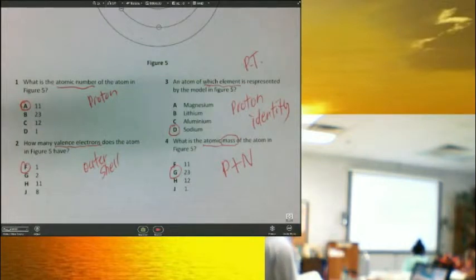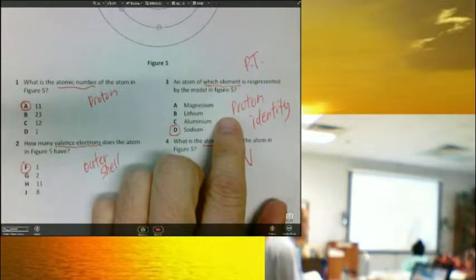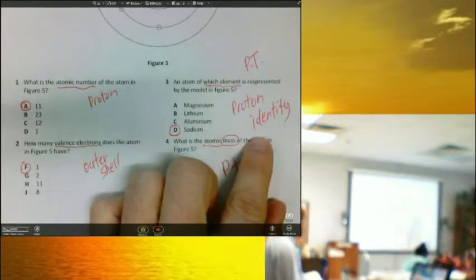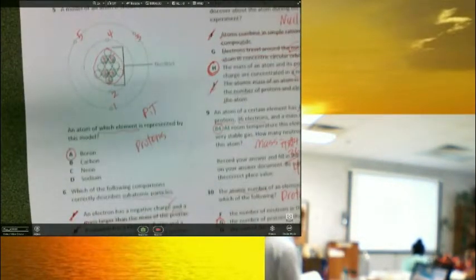On the back, why did I write proton? Proton identity. So identify the element. That's right. The proton identifies the element. Okay, on the back, number 5. You have one exactly like this on your test Friday.